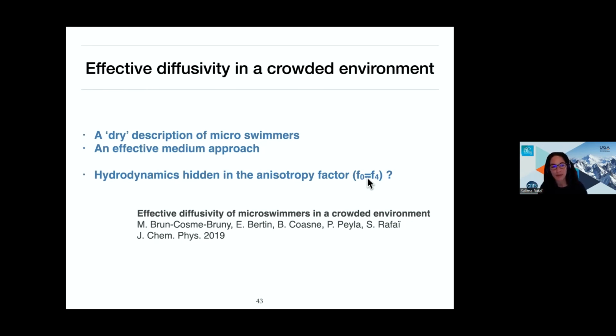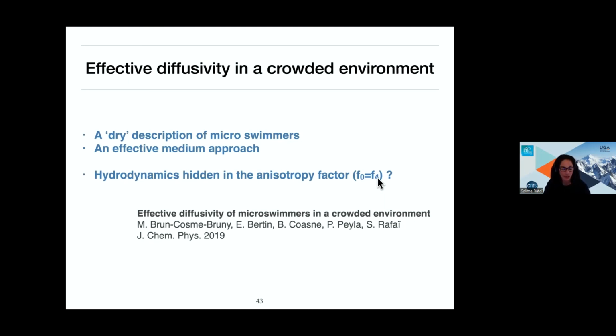We chose only one parameter for this frequency anisotropy factor, and the question we raise here is: are hydrodynamics hidden in this hypothesis? How to explain the channeling of the cells in between the pillars? Is this due to hydrodynamics, for instance? We propose here a dry model, but probably behind the choice of the hypothesis and parameters, some hydrodynamics can be hidden.